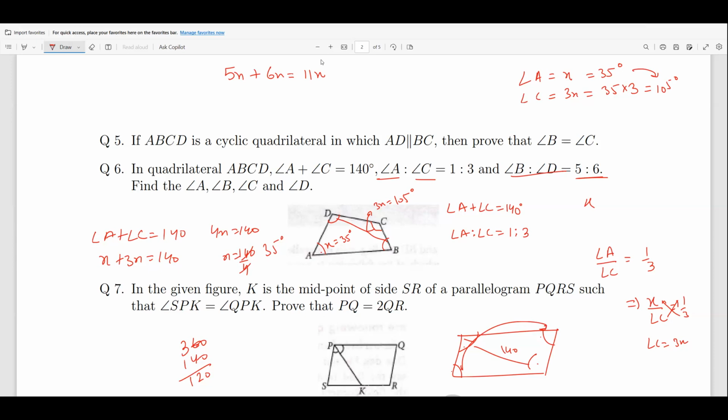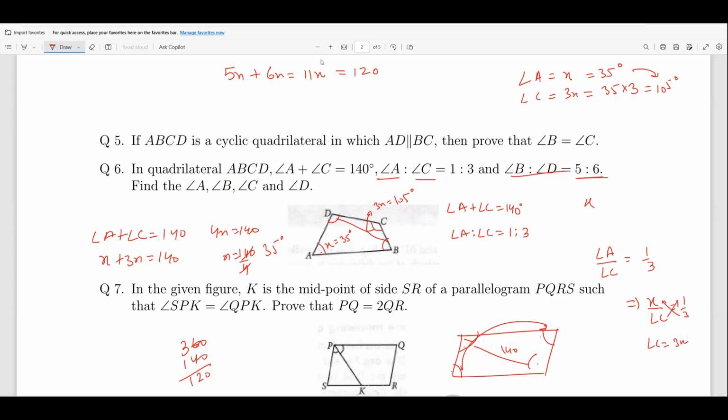Now 5x plus 6x, which is 11x, will be equal to 120 degrees. Angle A plus angle C is 140, and B to D is 5 is to 6.